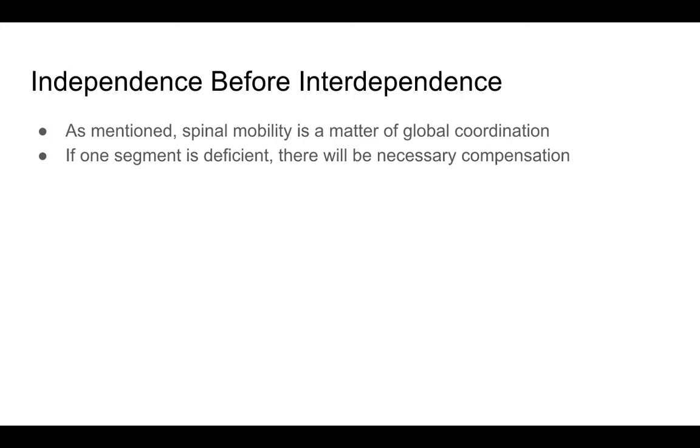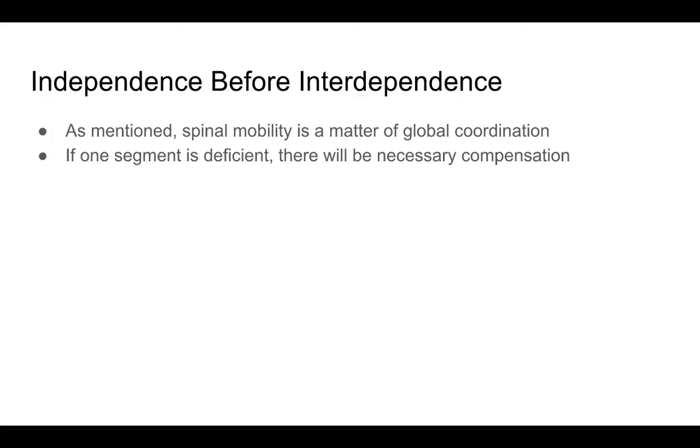Of course, if one segment is deficient, there will be necessary compensation. The body is an absolute wizard of compensation. It will do whatever crazy things it takes to get a task accomplished, because again, it cares about tasks more so than it does form. It does not care how you escape that jungle cat stalking after you.